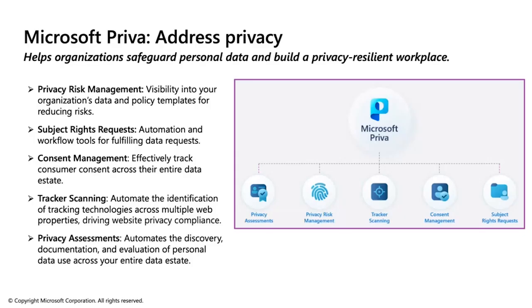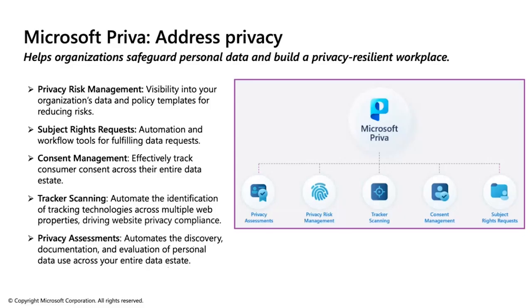So for this, Microsoft provides Microsoft Priva, which gives you privacy risk management and privacy assessment. Basically, this automates the discovery, documentation, and evaluation of personal data used across your entire data estate. Now we have automation for this. This is automatically going to detect where your data estate is exposed or not properly managed.